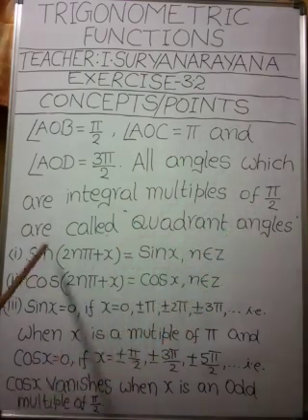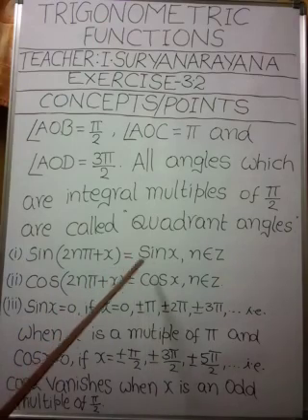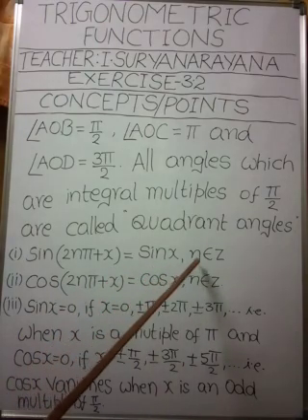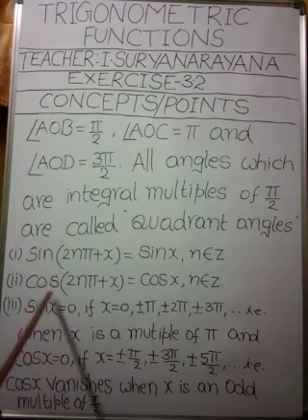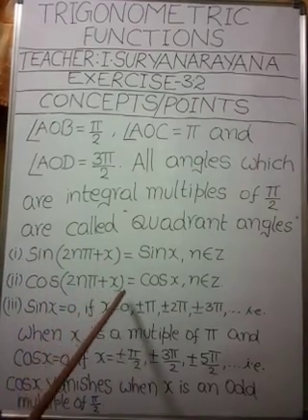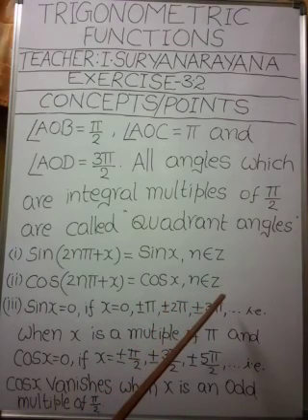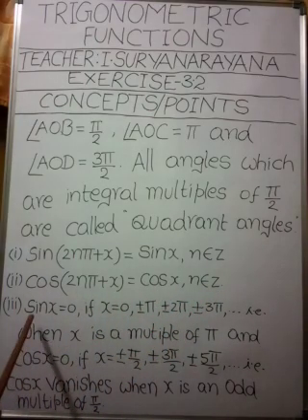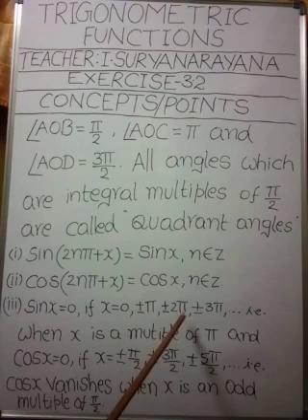Now remember these points, my dear children. First point, sin of 2n pi plus x is equal to sin x for n belongs to Z. Second point, cos of 2n pi plus x is equal to cos x where n belongs to Z. Similarly, sin x is equal to 0 if x is equal to 0, plus or minus pi, plus or minus 2 pi, plus or minus 3 pi, and so on.